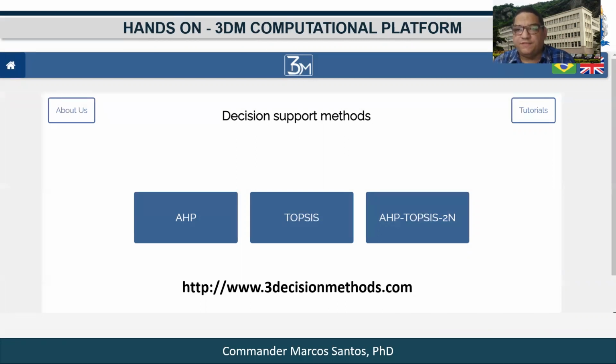So here at Military Institute of Engineering, I coordinate a research group where we develop computational tools with the purpose to allow that everybody can use this method. Because I know many people can't use this method because the math is very hard.